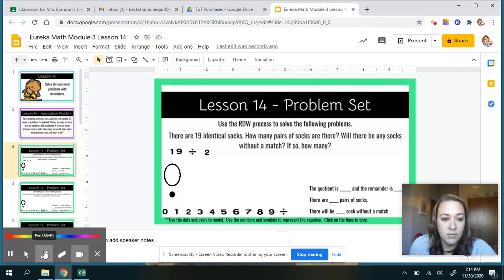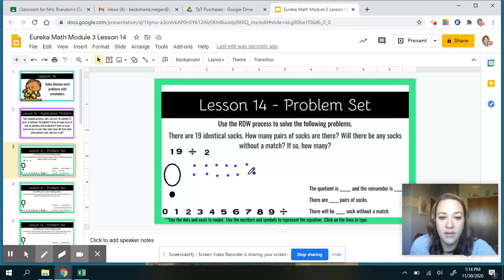I'm going to break them into groups of 2. So here's 1, 2, and I'm going to count up to 19 doing that. 3, 4, 5, 6, 7, 8, 9, 10, 11, 12, 13, 14, 15, 16, 17, 18, and 19.